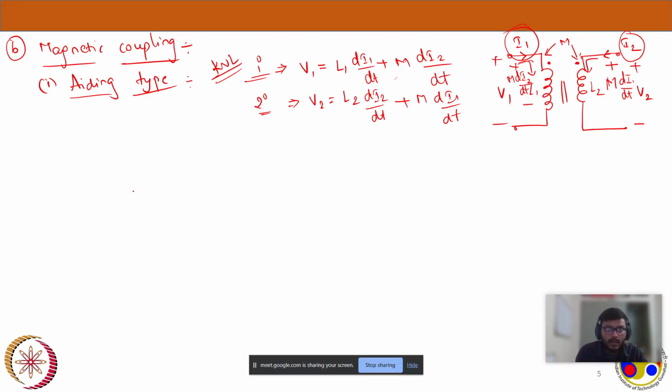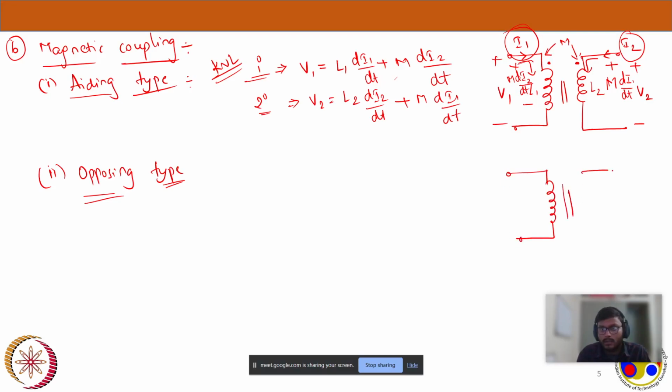Now let's look at another type. That's the second type, which is the opposing type of magnetic coupling. Same circuit, let's take a transformer with primary, core, and secondary. I have given voltage V1 here, and I have given voltage V2 here.